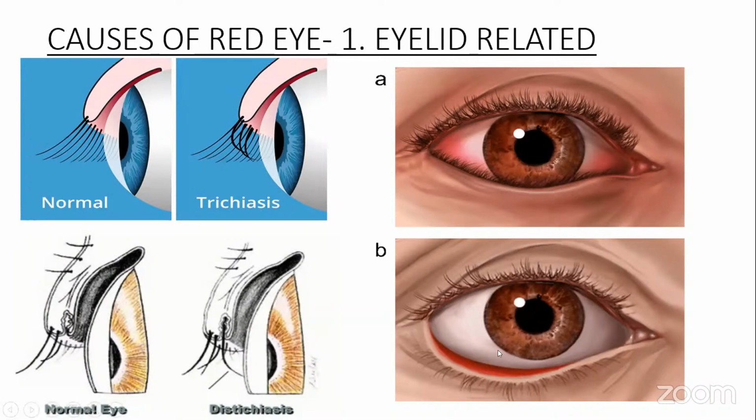And when the eyelash also turns outward, it can also cause the eyes to become red. So any problem with your eyelid, be it the position of the lashes, that is the hair on the eyelid, or the position of the lid, that means the lid is turning inward and outward and causing rubbing on the eye surface, can give you a red eye.